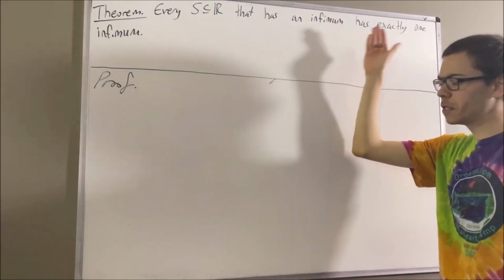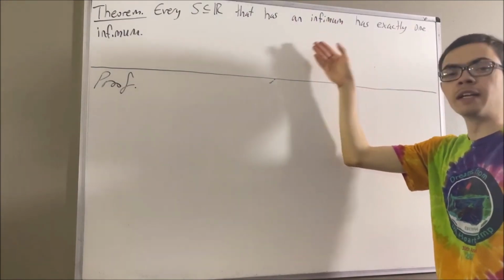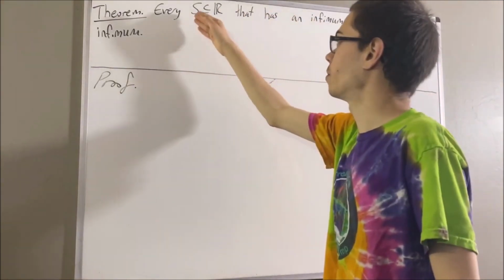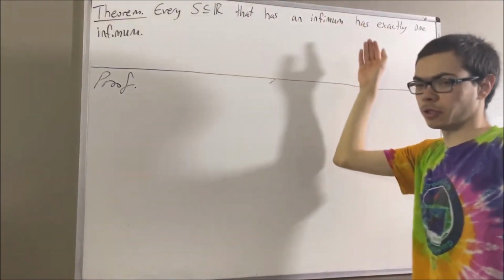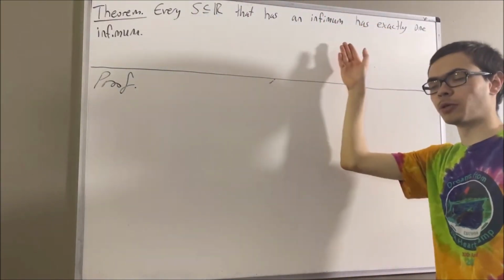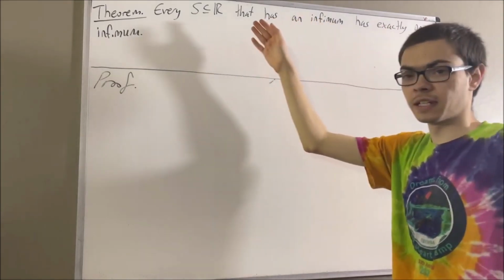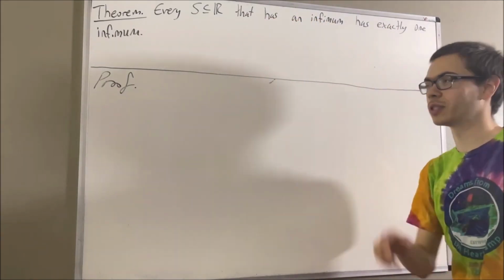Well, the definition that we're going to rely on is, given a subset of real numbers S and a real number W, we say that W is an infimum of S if the following two conditions hold.